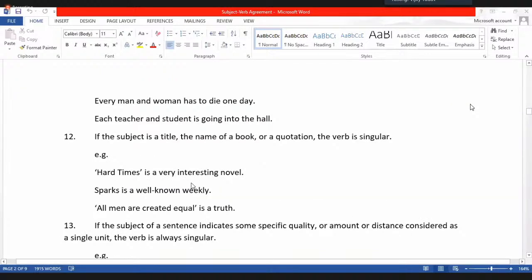And then number 12. If the subject is the title of a book or the name of a book or any proverb or quotation, we always use a singular verb. So here you have, Hard Times is a very interesting novel.